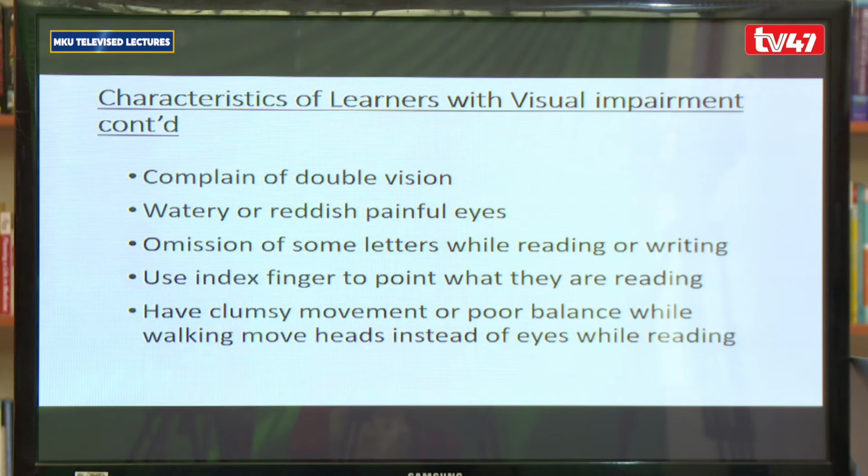And also another one, use of the index finger. When they are reading, they are pointing at the words that they are reading with their index finger. This sometimes we even see with adults. It's an indication that they are not able to see very well. And finally, they have clumsy movement or poor balance while walking.